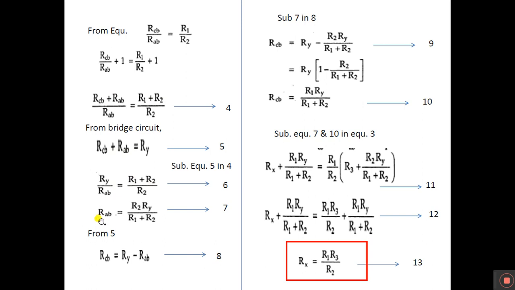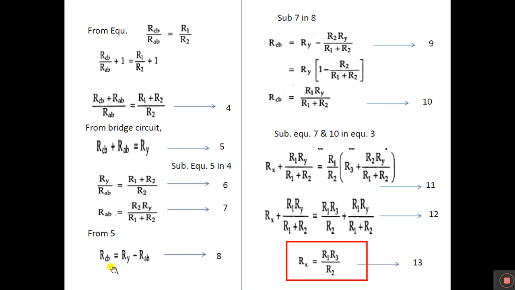So from this I can write RAB equals R2 Ry divided by (R1 plus R2), that is the cross multiplication, R2 into Ry divided by (R1 plus R2). Now from equation number 5, RCB plus RAB equals Ry. From this I can write RCB equals Ry minus RAB.